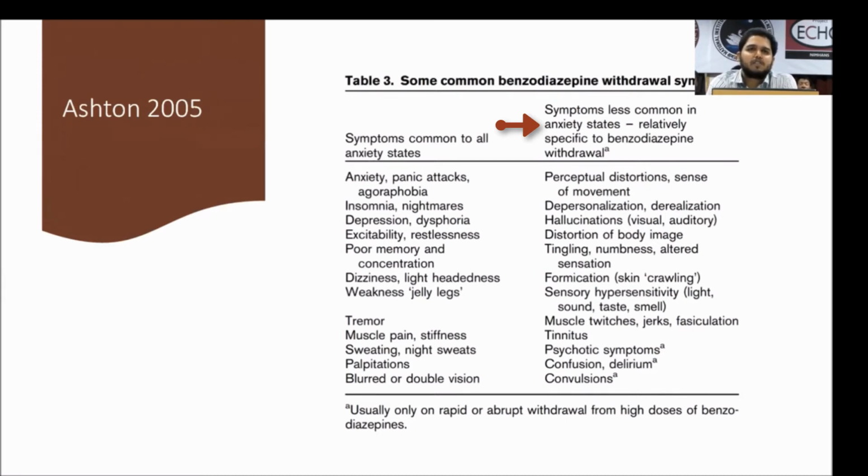Some of these symptoms, which are on the right side of the screen, like in benzodiazepine withdrawal, usually include muscle twitches, jerks, fasciculations, tinnitus, and some perceptual abnormalities like distortion of body image, tingling, numbness, altered sensation. So the symptoms on the right side seem to be more characteristic of benzodiazepine withdrawal when compared to general anxiety-like symptoms.